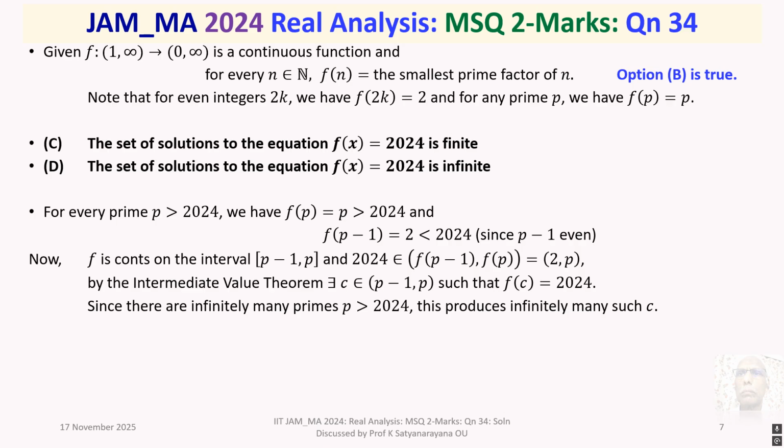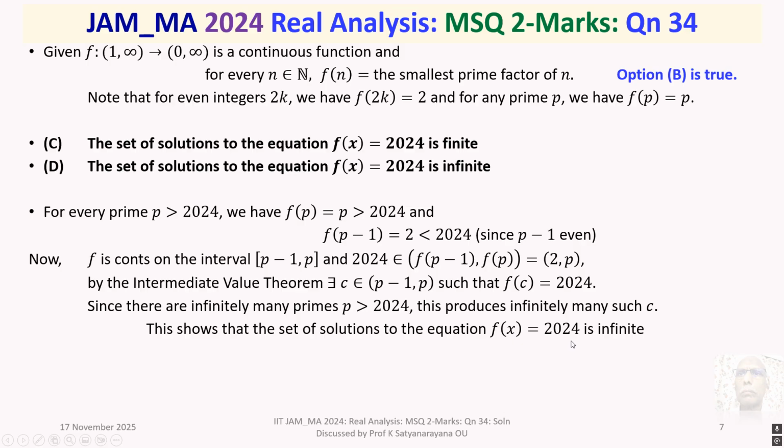So this shows that the set of solutions to the equation f of x is equal to 2024 is infinite. Option D is true. So thus, option C is not true and option D is true. We have already shown option B is true. Therefore, the answer to this question is options B and D.